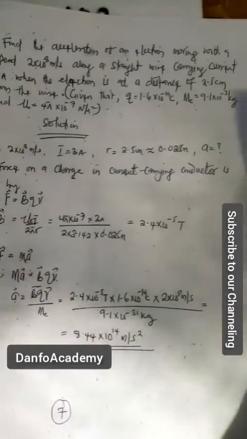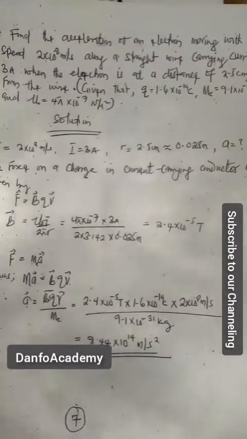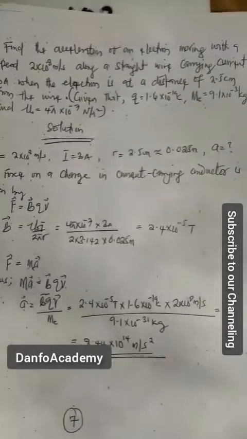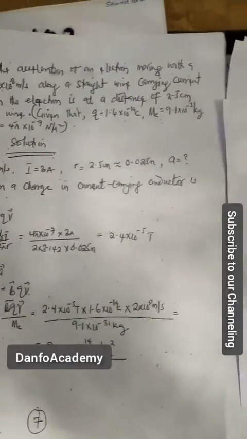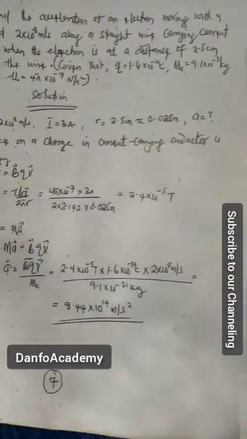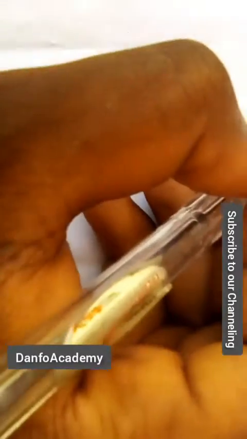A wire carrying current, you have your I to be 3 ampere here. Then when the electron is at a distance, that is, you have your d to be 2.5 centimeter, which is changed to meters. You divide both sides.